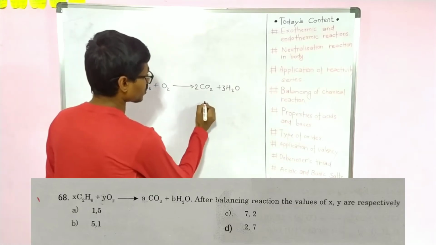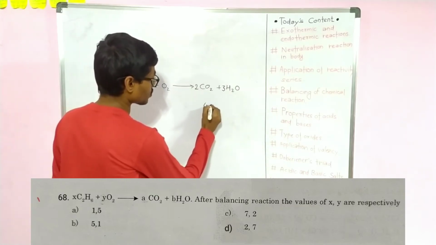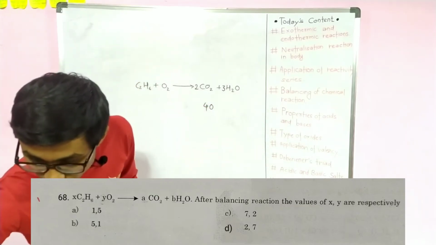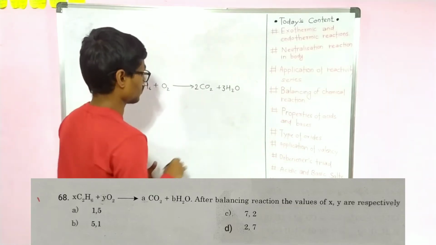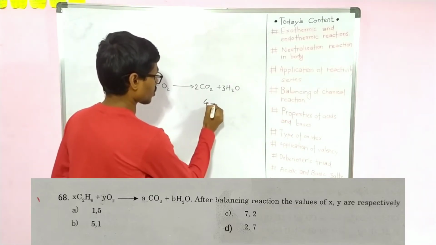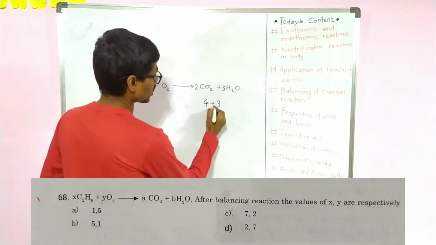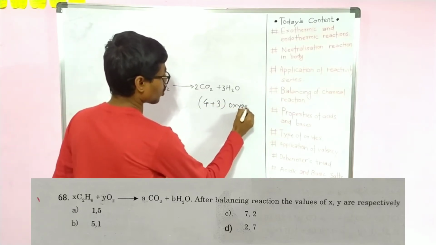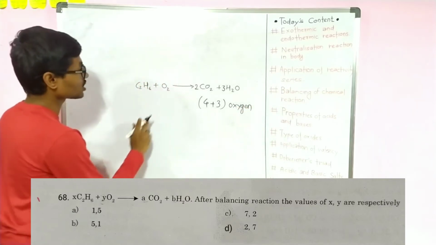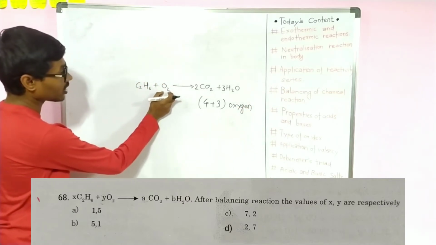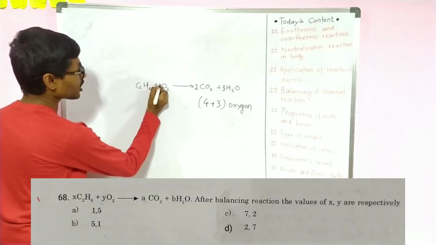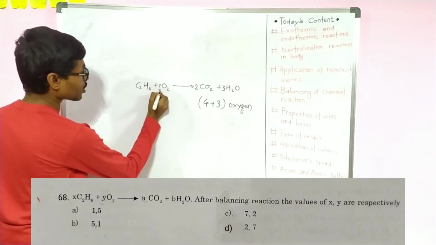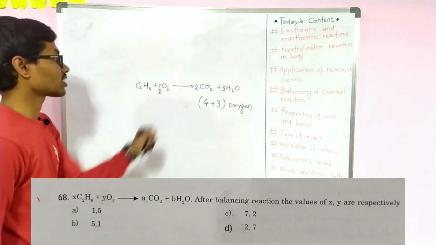Here 4 oxygen atoms plus here 3 oxygen atoms, 7 oxygen atoms are there in the product. Now for 7 oxygen atoms, 1 mole contains 2 atoms, so we have to multiply by 7 by 2. Now this is the balanced reaction.